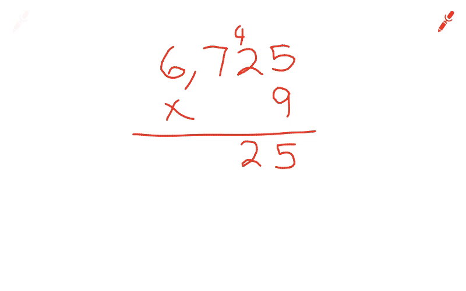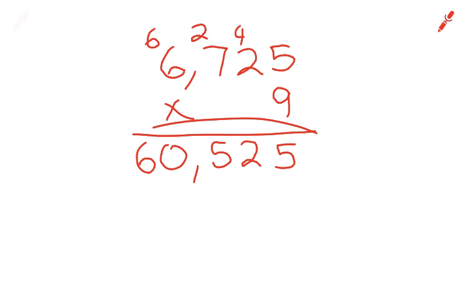So we'll put our 2 and carry a 2. 9 times 7, 63, plus 2 is 65. Put our 5 there, carry the 6. 9 times 6, 54, plus 6, 60. And so your answer is 60,525.